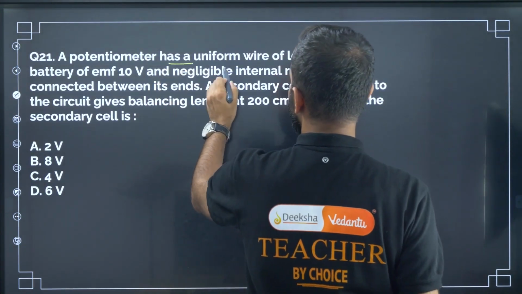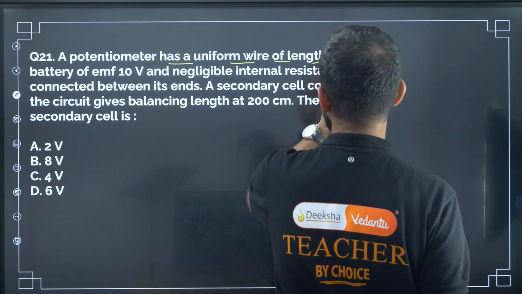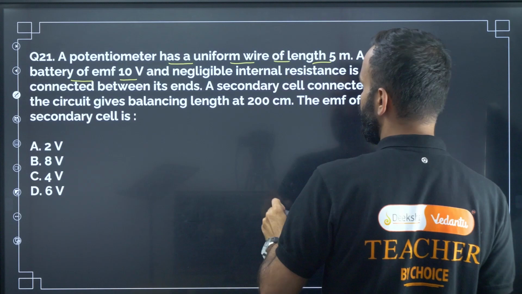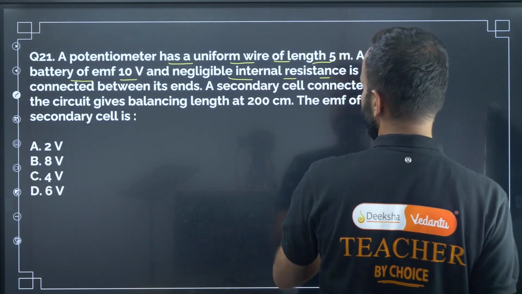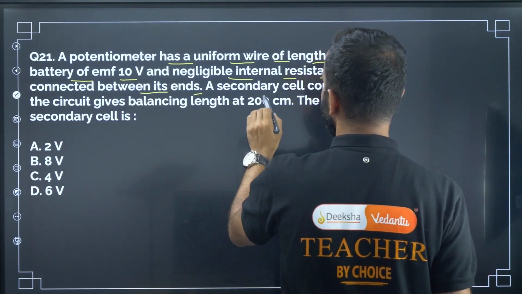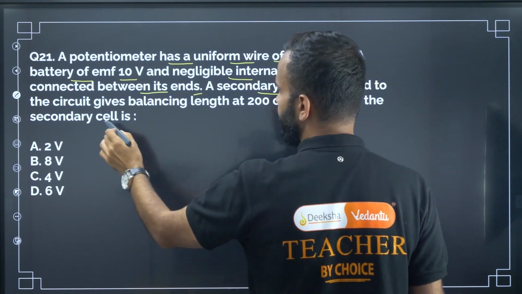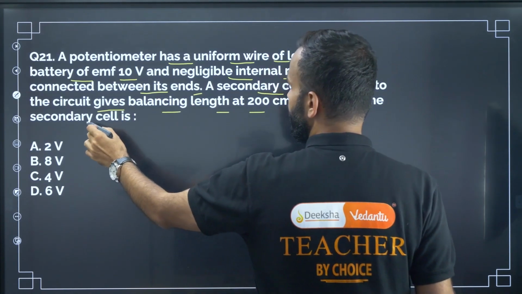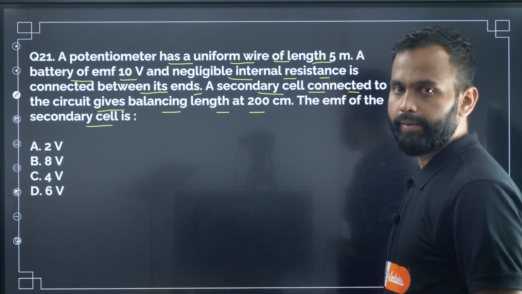A potentiometer has a uniform wire of length 5 meter and a battery of EMF 10 volt, negligible internal resistance, is connected between its ends. A secondary cell connected to the circuit gives a balancing length of 200 centimeter. The EMF of the secondary cell is?